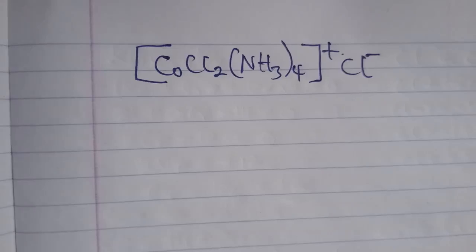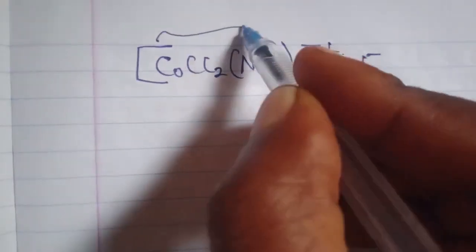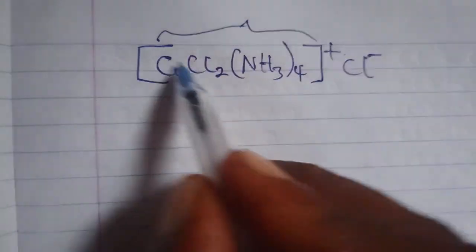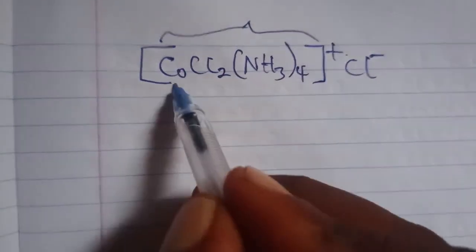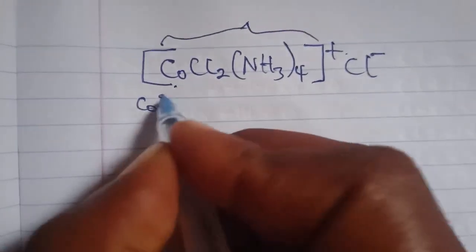If we look at, for example, this coordination compound, you can see that from here to this place is the coordination sphere. So if this is the coordination sphere, this is the central ion, which is cobalt 3+.